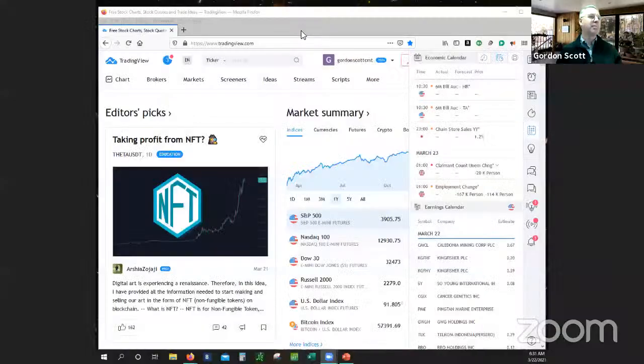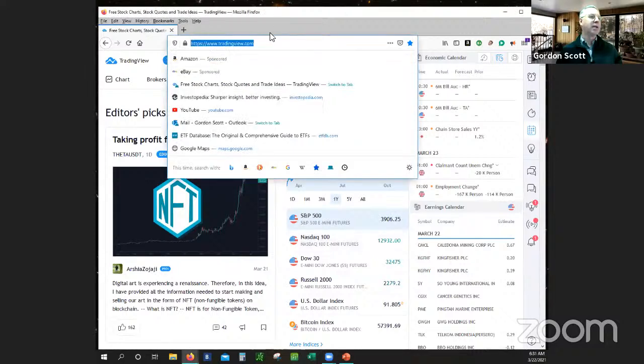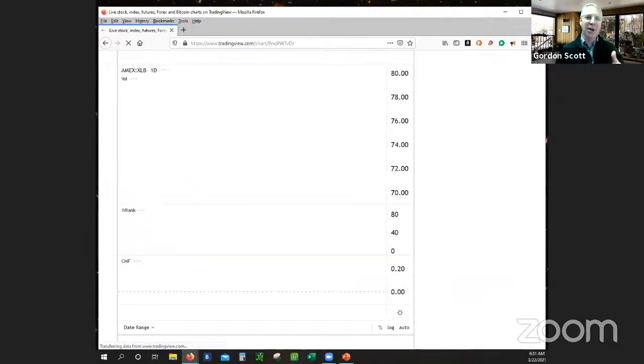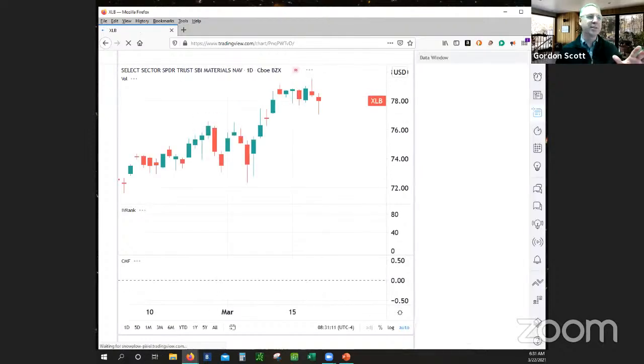So let's see if I can do this properly. We're going to bring up TradingView, and we're going to bring up chart one. It takes a second here, but what I want to let you know is that we're seeing a real split in the markets right now, at least according to most of the technical indicators.